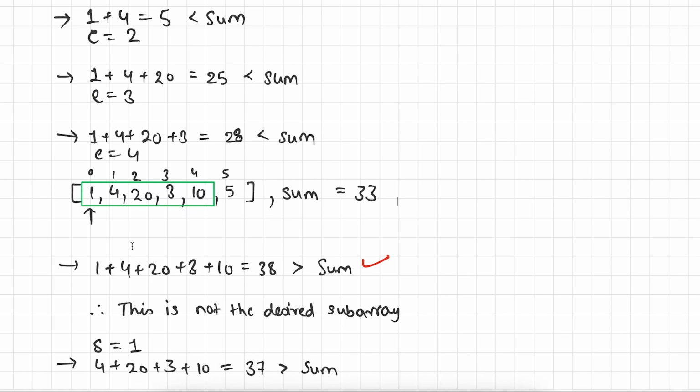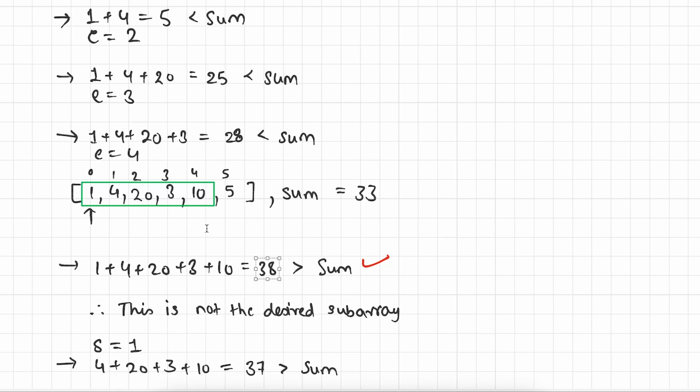After extending the window size, we get 1, 4, 20, 3, 10 in this window, and after computing the sum of all these elements, we get 38. This time 38 is greater than sum. And what was the value of sum? The value of sum is 33, and 38 is greater than sum. So what does it mean?